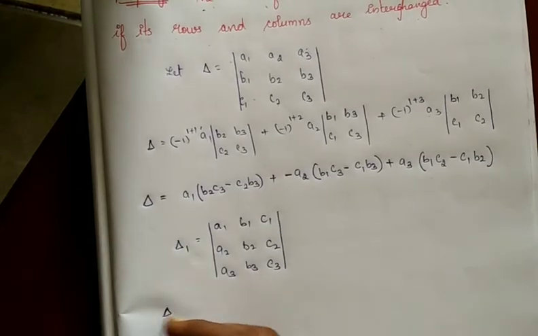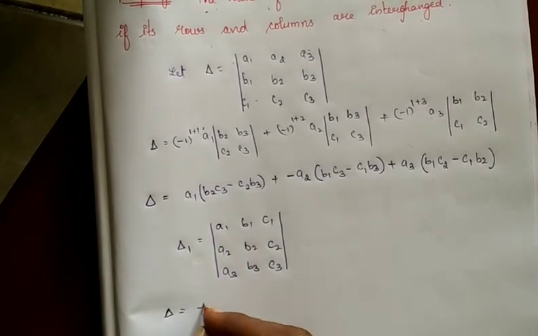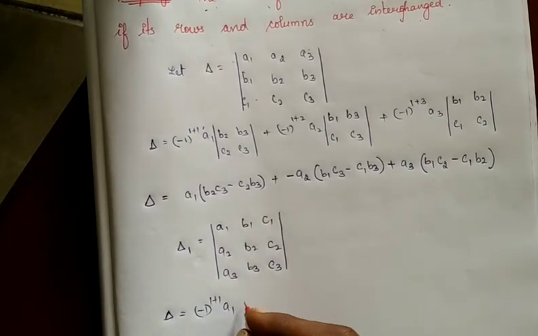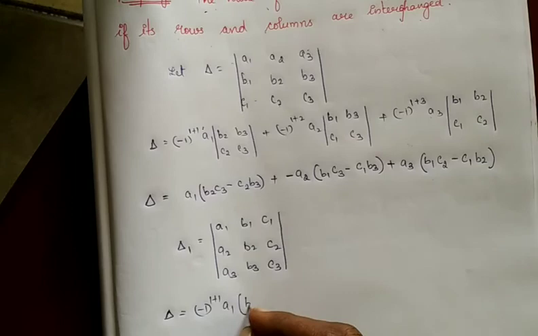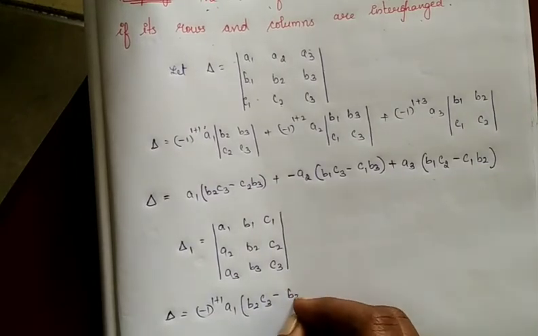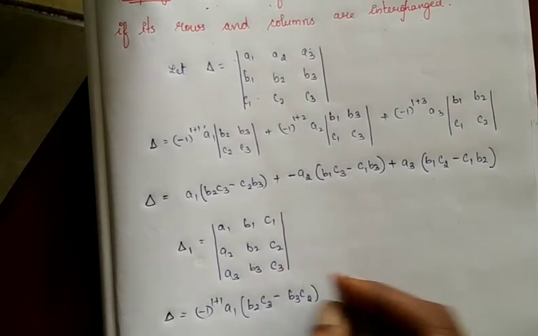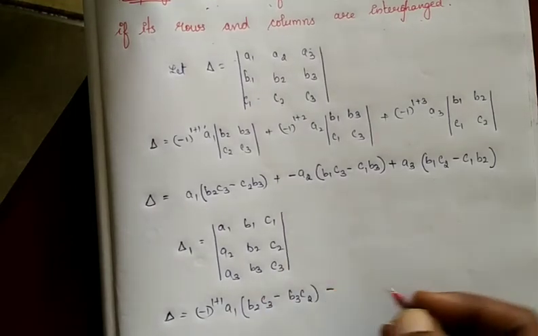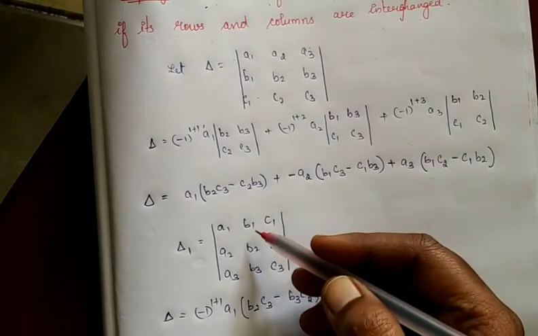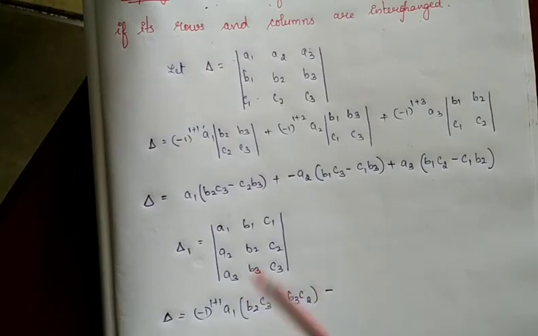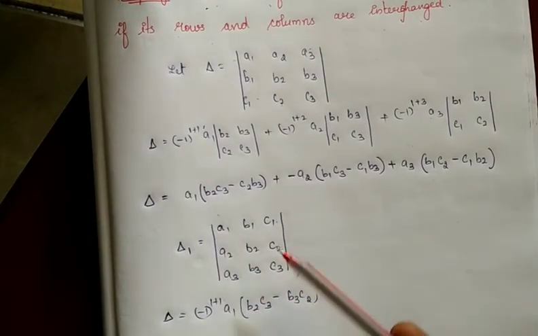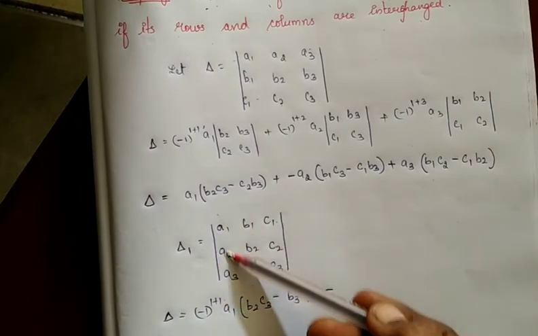Now the determinant is equal to minus 1 to the power 1 plus 1 for the first place, a1 of b2 c3 minus b3 c2. Next, minus, the next element b1. Either we can do it row wise or column wise, so let us check column wise.